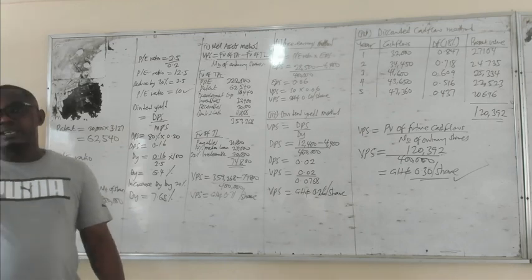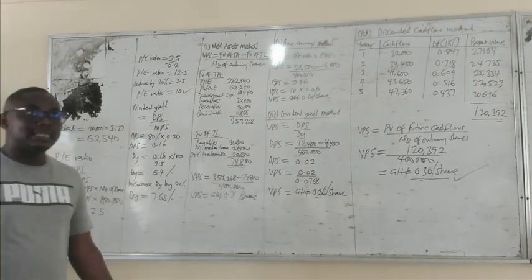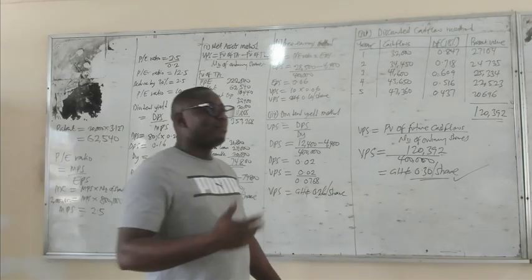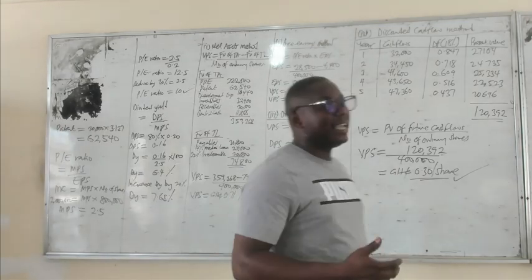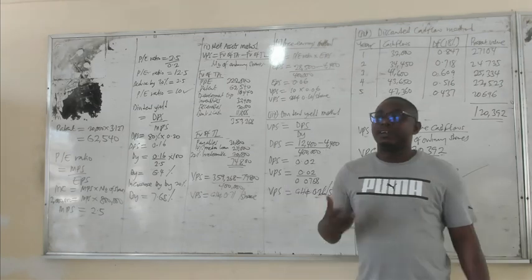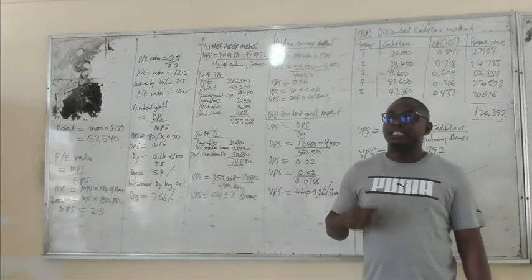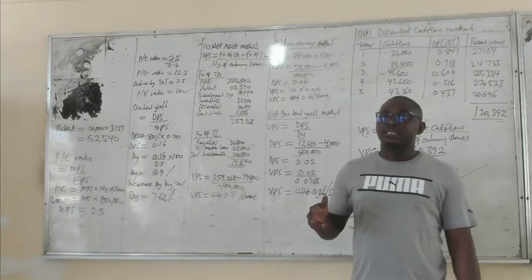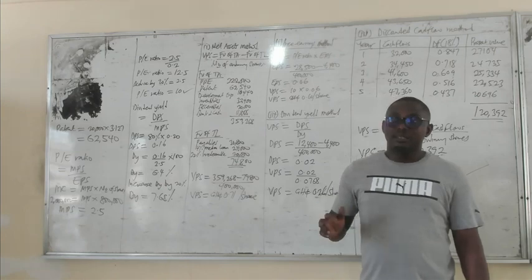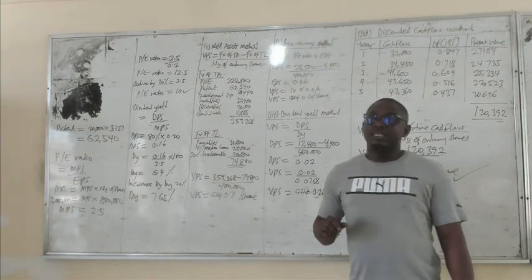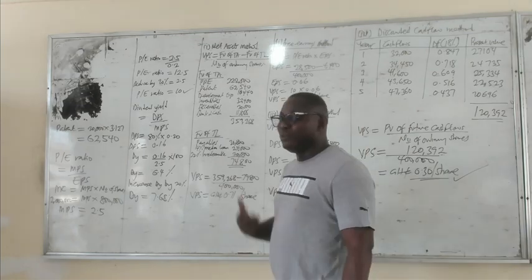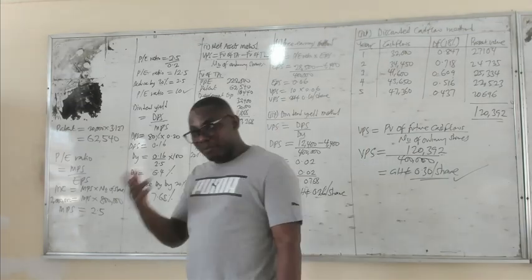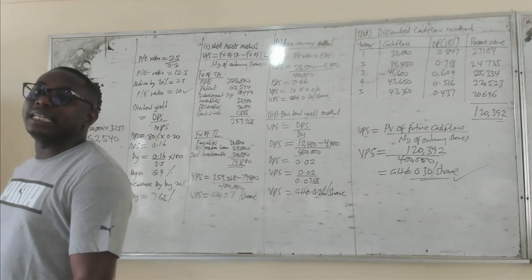This question is talking about financial performance and financial position. Financial performance has to do with the income statement ratios, and financial position has to do with the statement of financial position ratios. Are you getting it? But for the purpose of the exam, if you group it according to profitability, liquidity, activity, gearing, the examiner will not punish you.